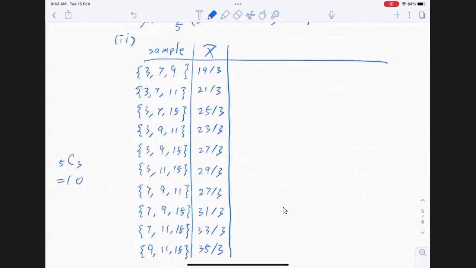So this is the list of the samples that we can possibly obtain, and the sample mean of each possible sample.